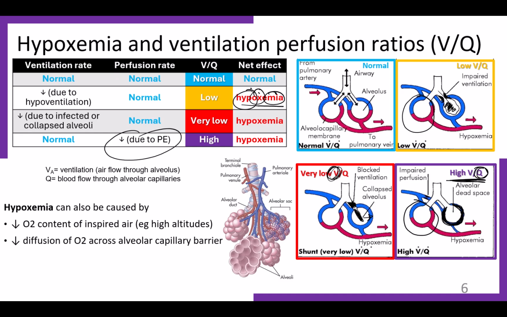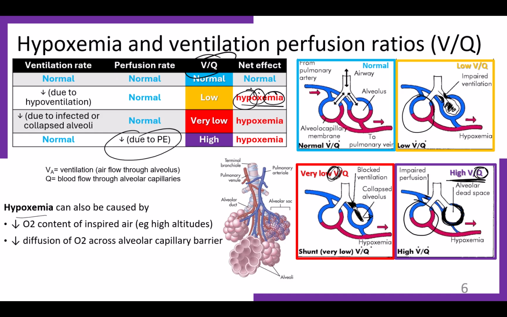And when you have less blood going into it, you also end up with hypoxemia, right? Because there's enough oxygen entering, but there's less blood for the oxygen to enter into, right? So we need the normal VQ ratio for things to actually function efficiently.